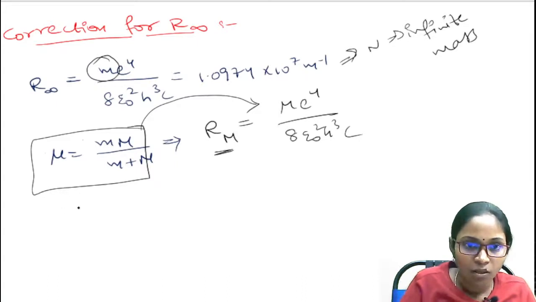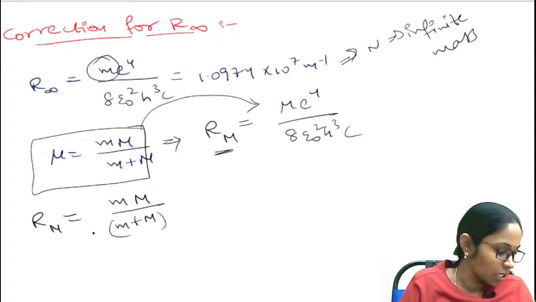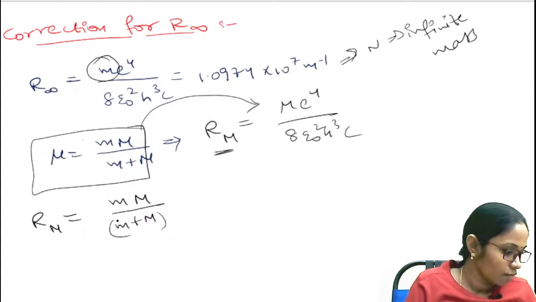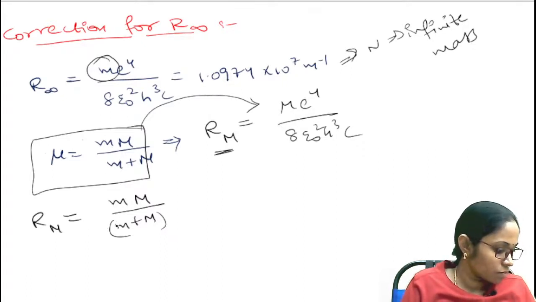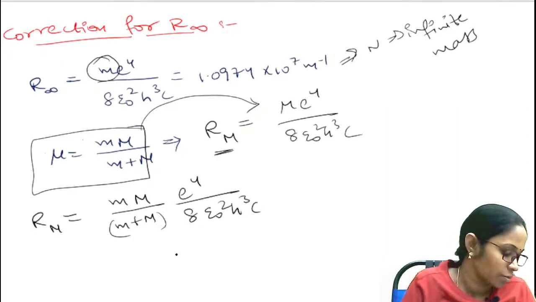Okay, therefore this Rm, Rydberg constant for reduced mass, will be equal to m capital M by m plus capital M into e power 4 by 8 epsilon naught square h cube c.